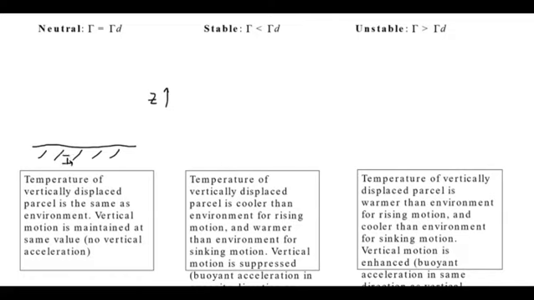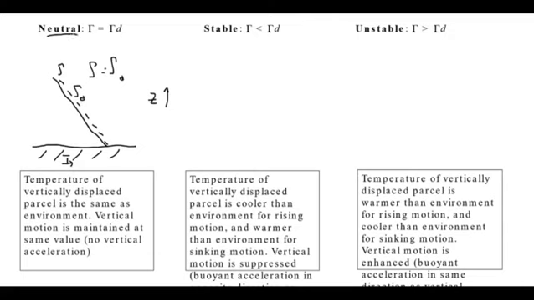Okay, so for a neutral atmosphere, gamma, the environmental lapse rate, the actual way temperature changes with height, is going to match the adiabatic lapse rate. I'll put a little dashed line here to illustrate that, and we'll call that gamma D. So when gamma equals gamma D, that's what we mean by neutral.